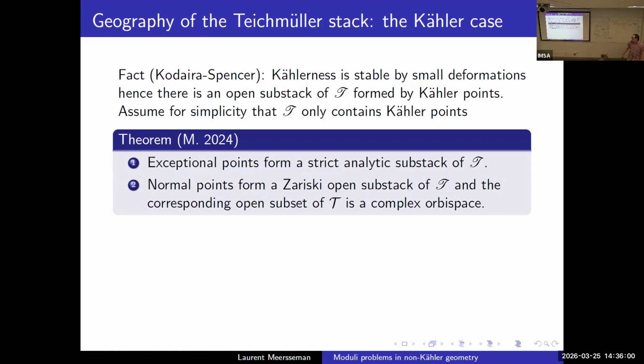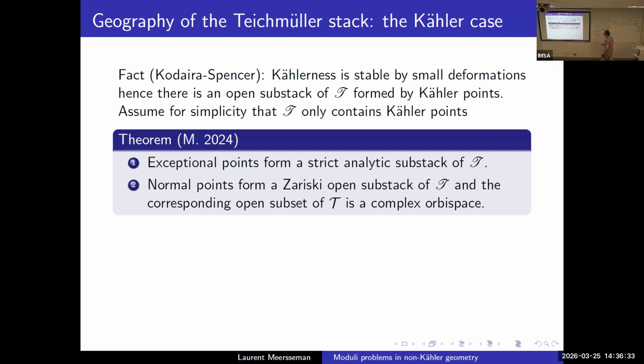That's good news because, as the terminology says, at exceptional points you expect a very weird local model of the Teichmüller stack. So you are happy to know that they are located in an analytic substack, like jumping points. They are bad, but they are located in some strict analytic substack.